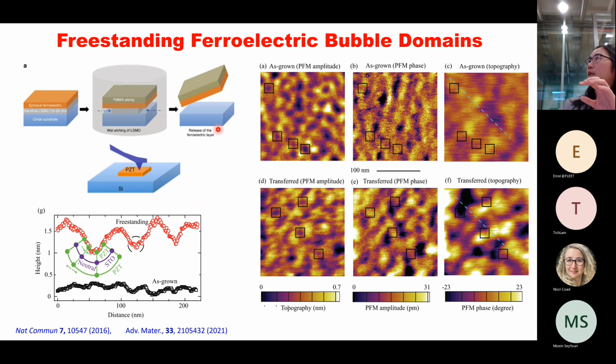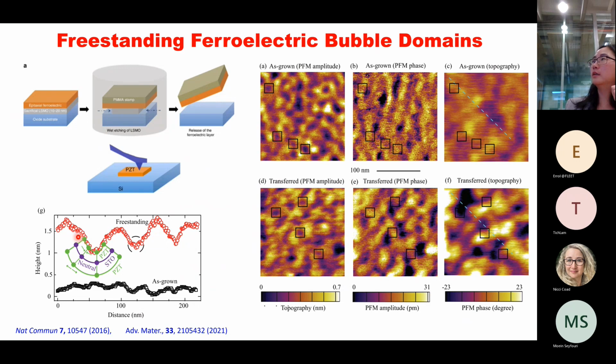But one thing we thought about at the beginning, when we transfer and remove this from the substrate, is that the clamping from the substrate is gone. So the mechanical boundary conditions actually change, right? The compressive strain is probably gone. But what is interesting is that when we transfer it, we see that there is roughness.